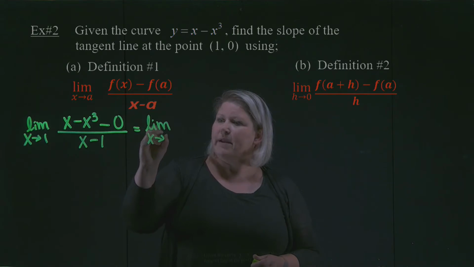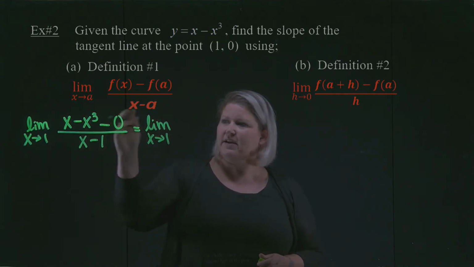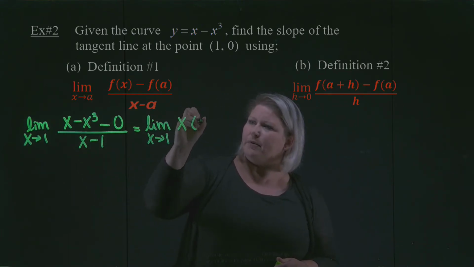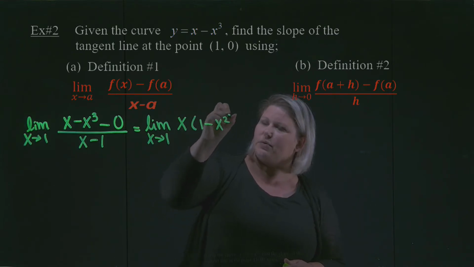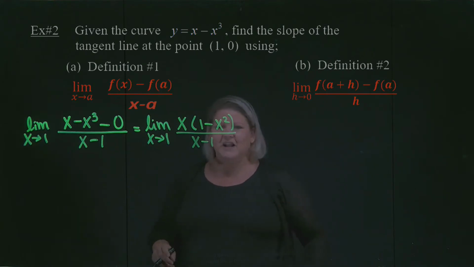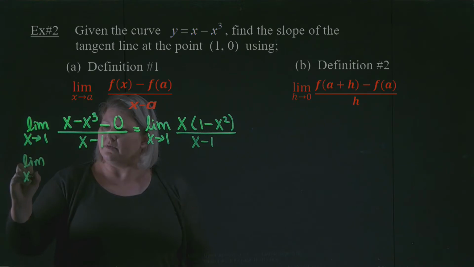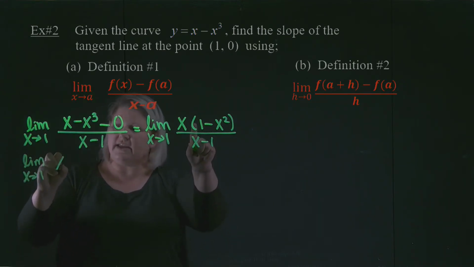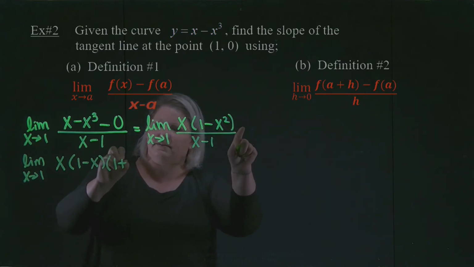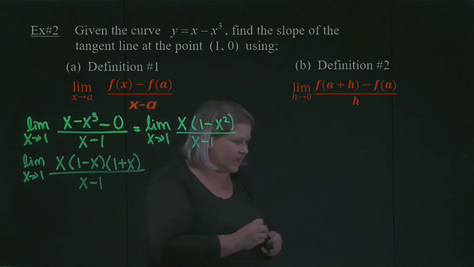So I go on with my math. I'm going to factor the numerator. I'm going to ignore the 0 right here. I am going to factor an x out of the numerator, and I end up with 1 minus x squared. Okie dokie. That is a difference of squares. So I'm going to take x and then here factor the difference of squares, and I end up with this.